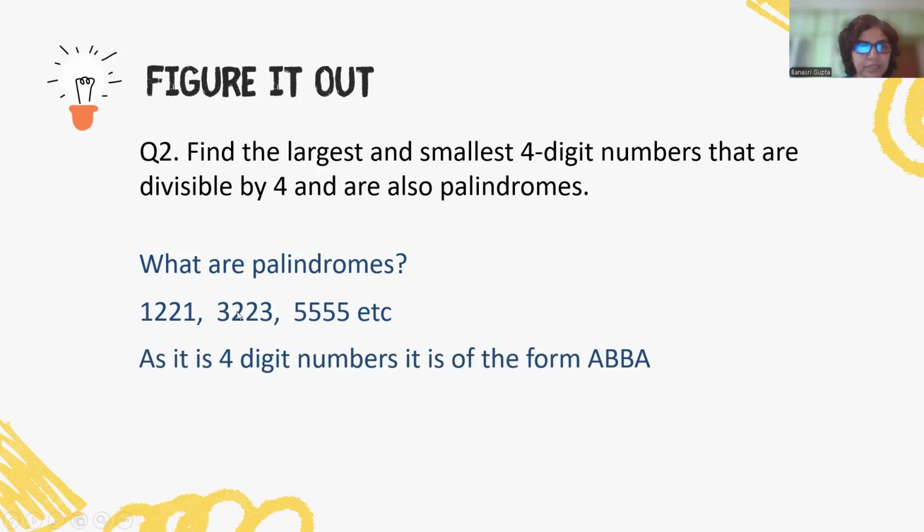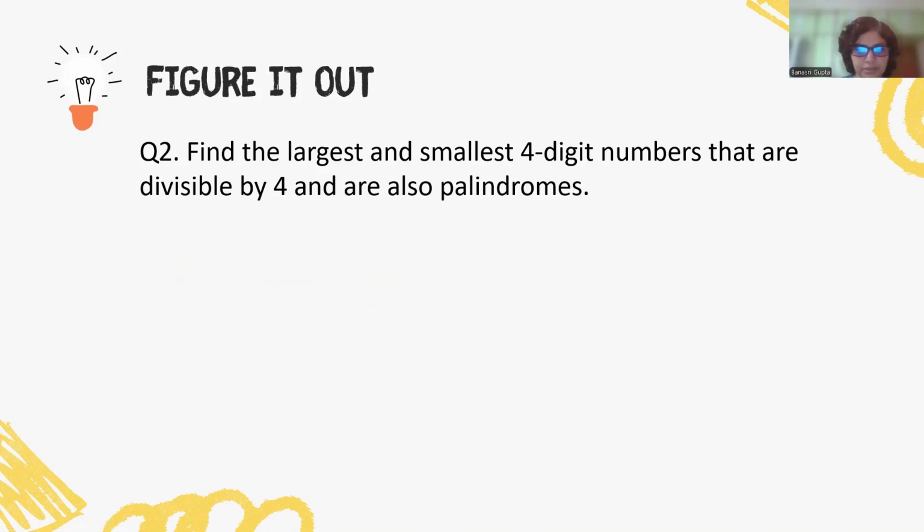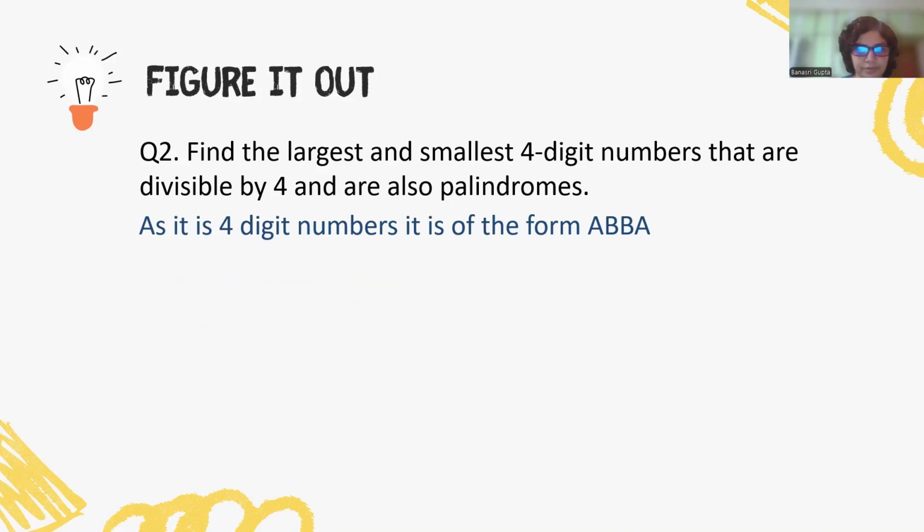So it's a 4-digit number, so it will be of the form ABBA, whatever be the digits. So for the largest, let us try to find the palindromes. What can be the largest possible A? Because it's divisible by 4, it can be 8. So we have to fix A at 8, because then the number will start with 8. Otherwise, it won't be the largest, right?